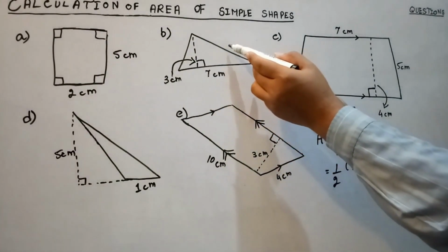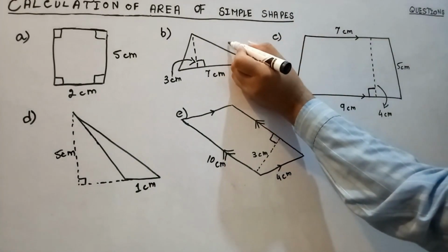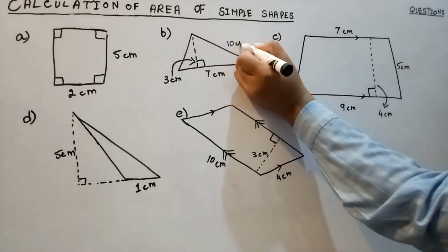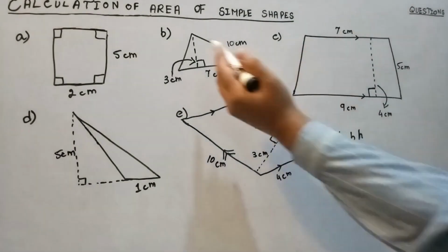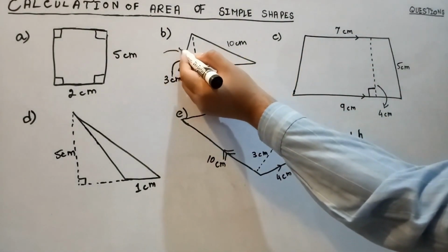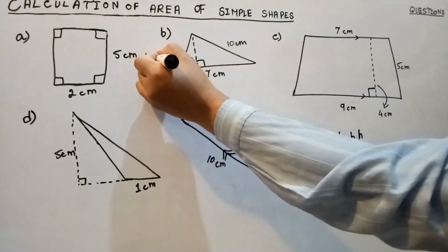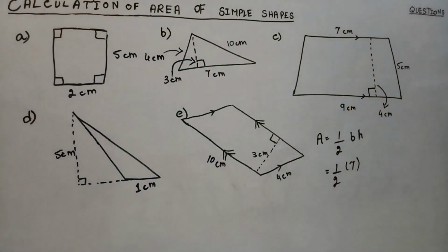Let's say this side is given to us as 10 centimeter, and let's say this side is 4 centimeter.